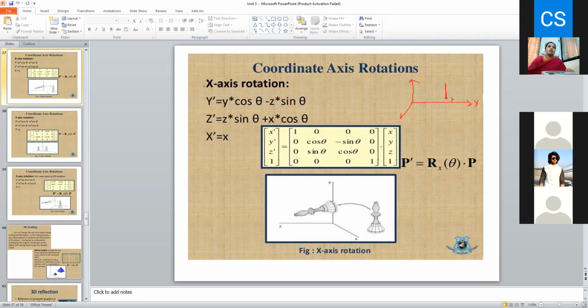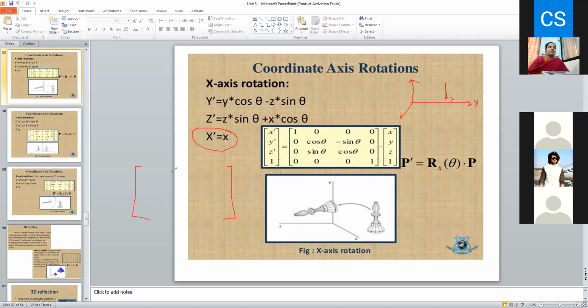So here it is written, x-axis rotation, x dash and x are the same. Y dash and z dash will change in terms of cos and sine, because now it has to do with the angle. What was our 2 dimension T matrix? Cos theta, minus sin theta, sin theta, cos theta. Right? So in 3 dimension, what will I write?